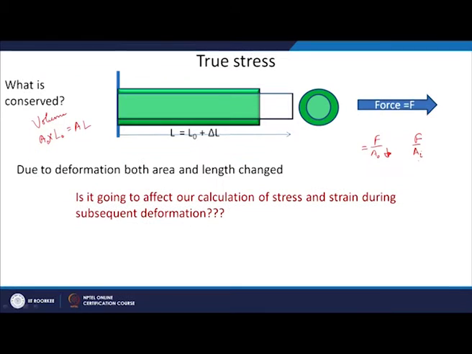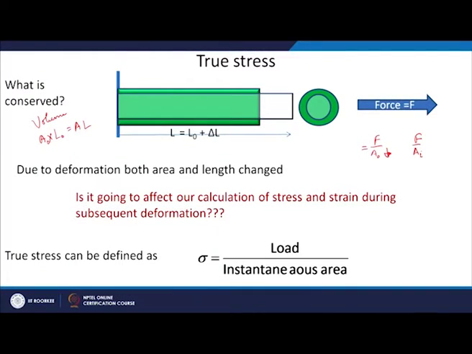What the material is experiencing is because of the cross sectional area A_i, which is force divided by A_i. That is what we call true stress. So, true stress is when I am dividing the force by the instantaneous area at that moment. True stress can be defined as load divided by instantaneous area.